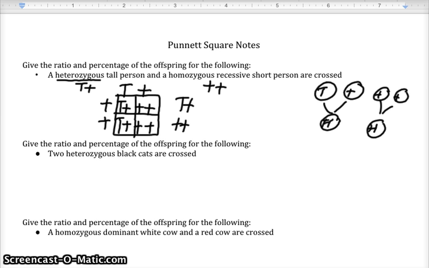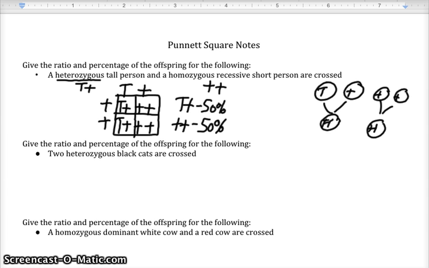So if there's 2 boxes with big T, little t, then this is a 50% chance that you're going to have a kid with big T, little t. If 2 boxes are little t, little t, that means you have a 50% chance of having a kid with little t, little t.